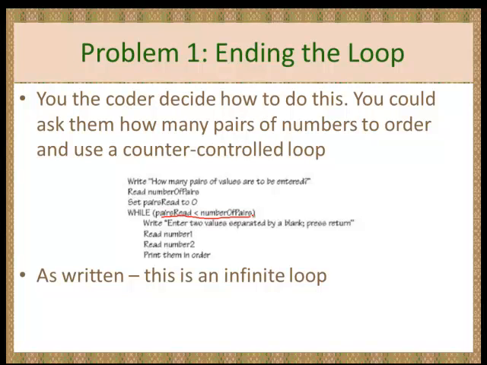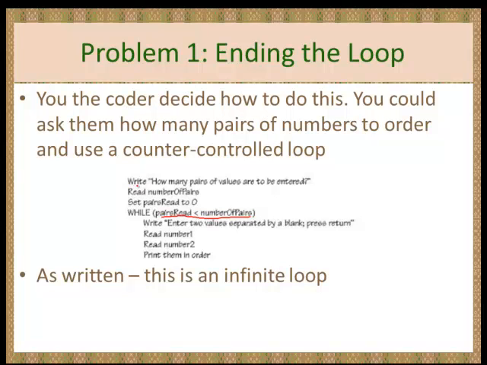I'm going to compare two numbers. Is pairs read less than number of pairs? Well, how many pairs? How do we get the value into number of pairs? The way I read this, what the author's trying to say is, you tell me how many pairs of numbers we're going to sort, and I'll loop that many times.